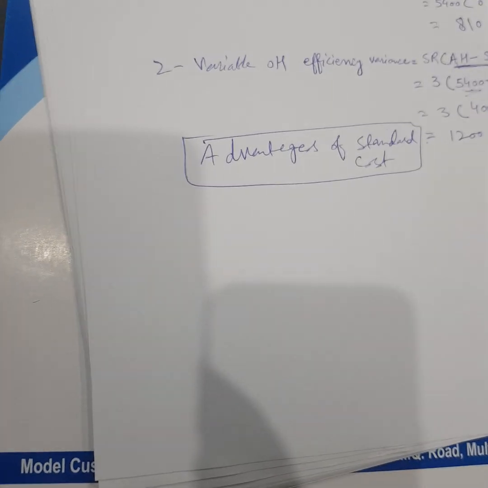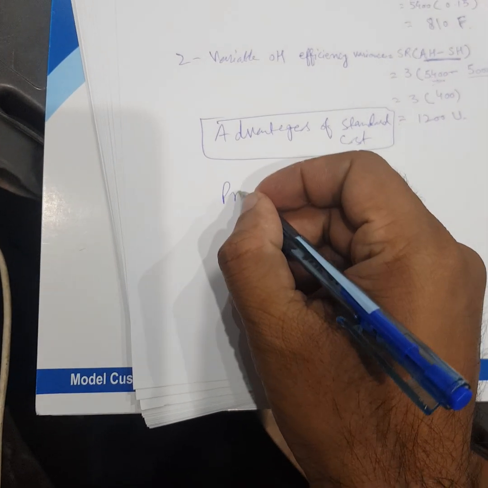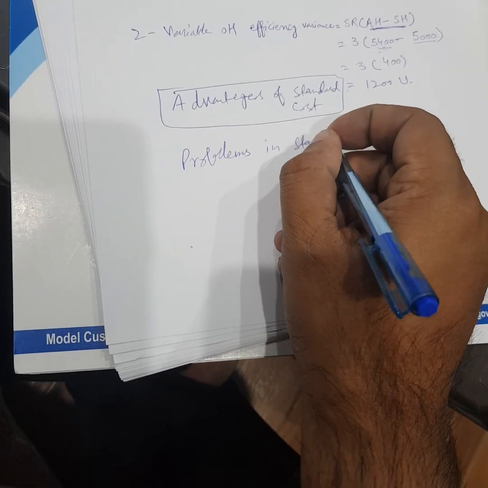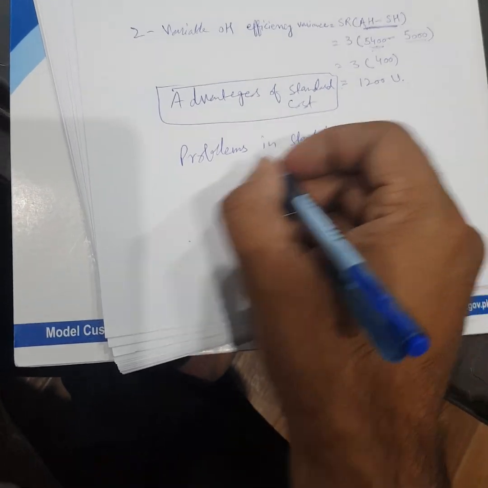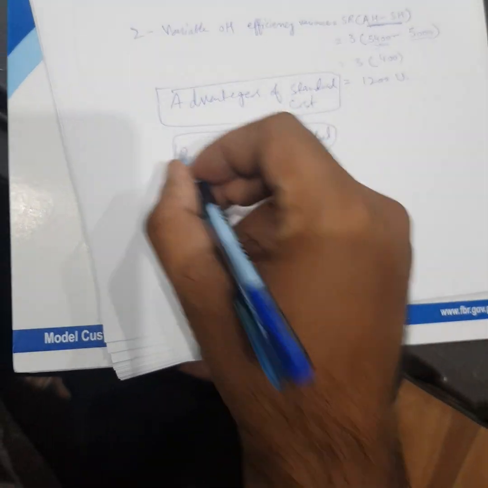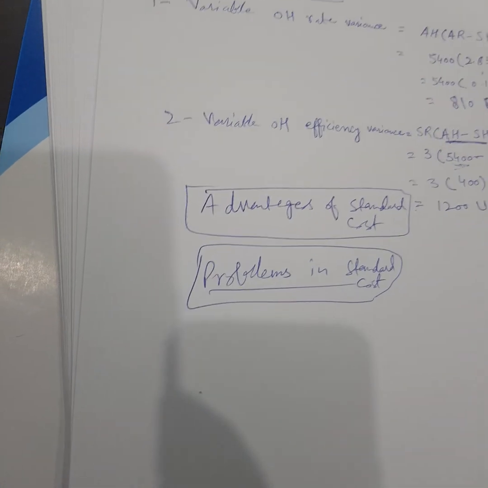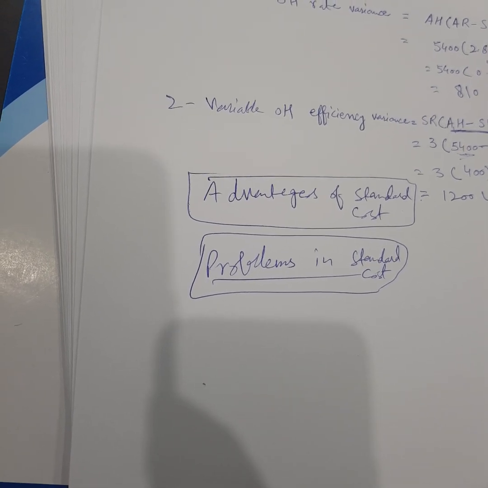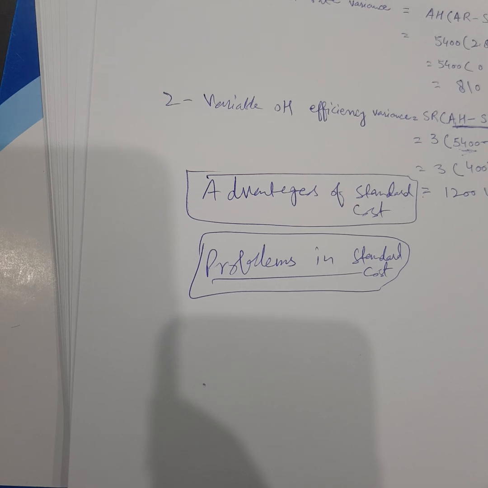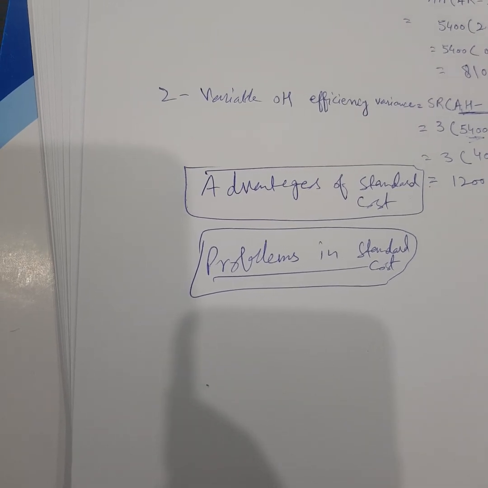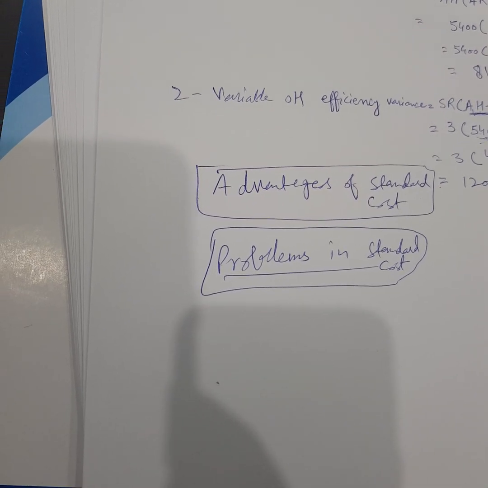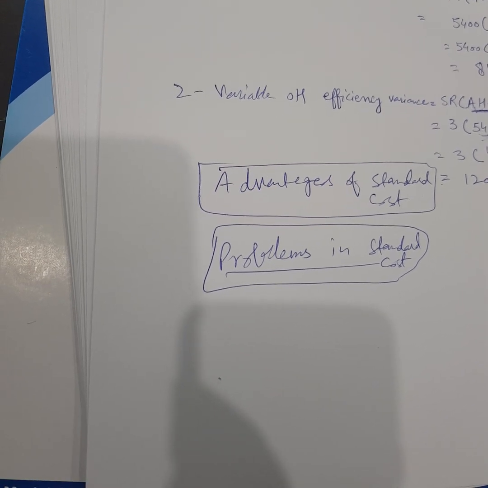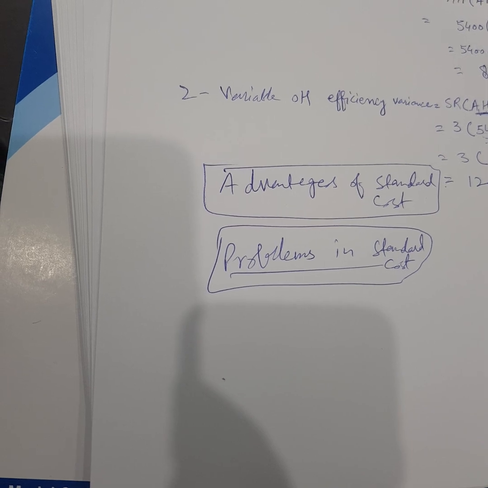In the same way, there are problems in standard costs. The problems in standard costs are: standard cost variance reports are usually prepared on a monthly basis and often are released days or even weeks after the end of the month.